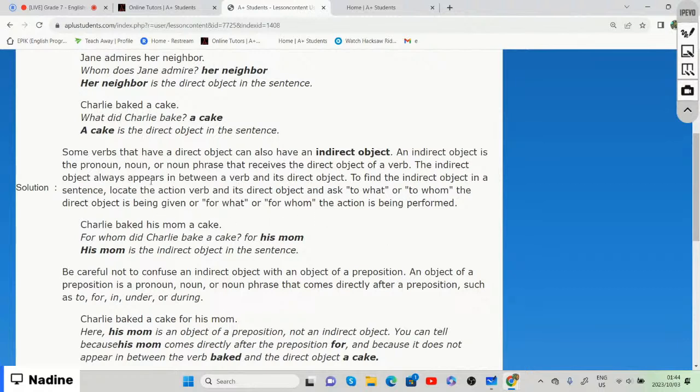Some verbs that have a direct object can also have an indirect object. And we said an indirect object is a pronoun, a noun, or a noun phrase that receives the direct object of the verb.